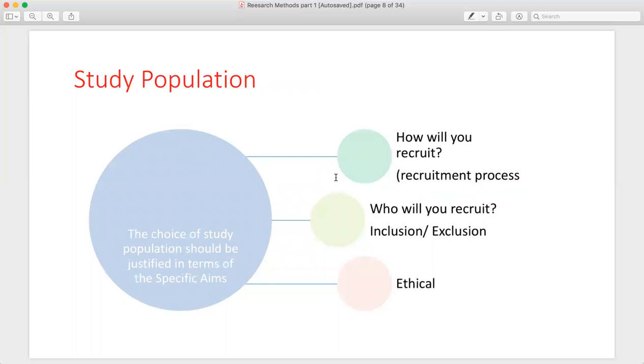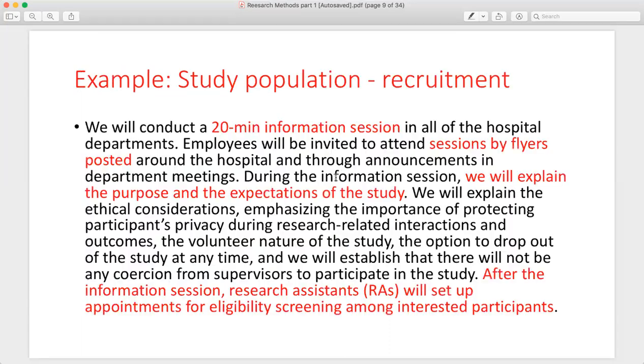When we talk about study population, the choice of a study population should also be justified in terms of our specific objective. And then we will clearly mention how we will recruit the study population, who will be recruited, and be very, very clear about what is the inclusion criteria and what are the exclusion criteria, and also the ethical considerations that we will follow while recruiting and dealing with our study population.